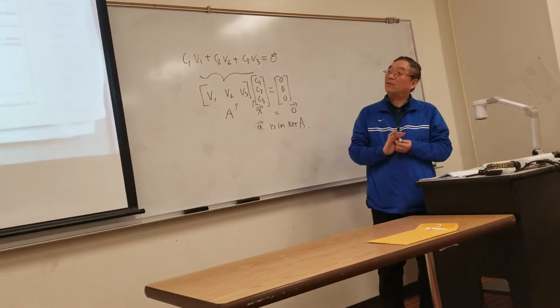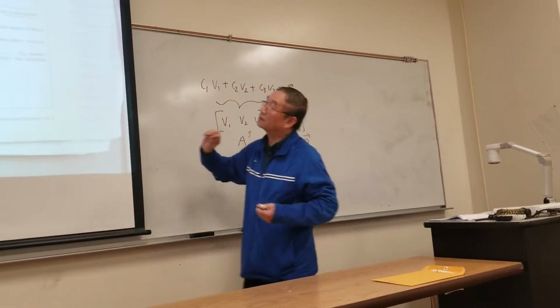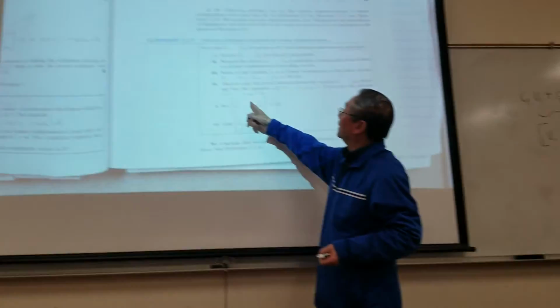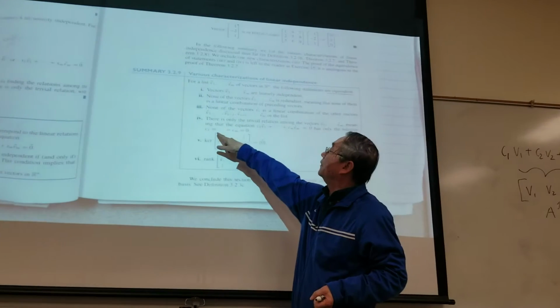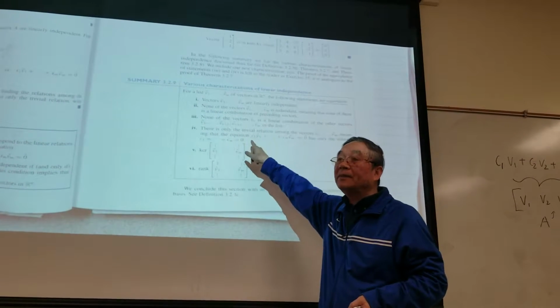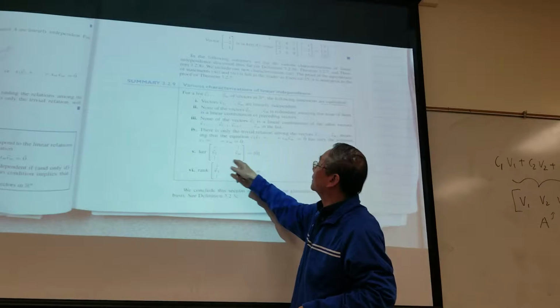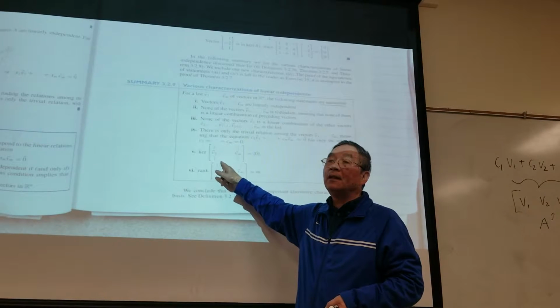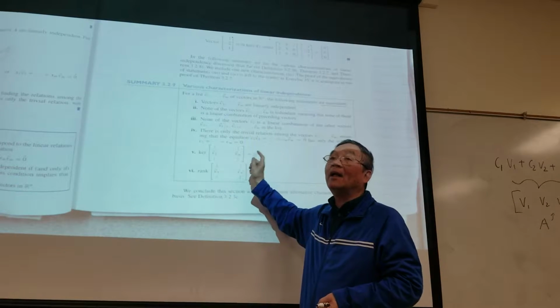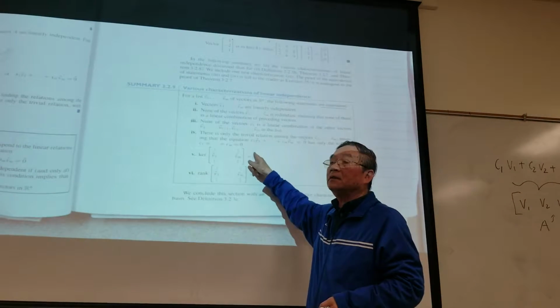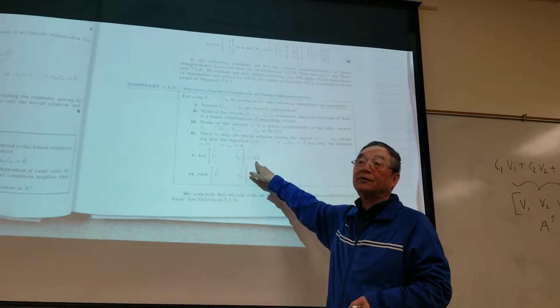So that is why in the fifth statement, they say C1, C2 all the way Cm must be 0. Is equivalent to this kernel only has one element in it. That's the 0 vector. See, this is a set notation, right?